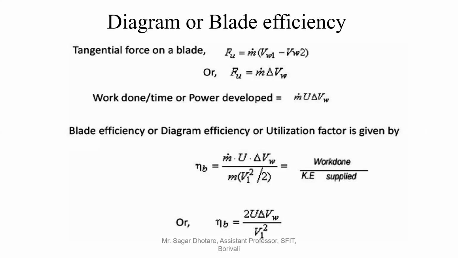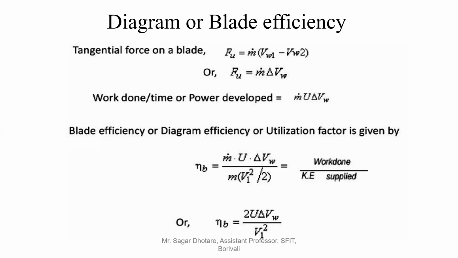The blade efficiency, or you can say diagram efficiency or utilization factor, is equal to work done divided by kinetic energy to be supplied. That is m u Vw1 minus Vw2 divided by m into V1 square divided by 2.